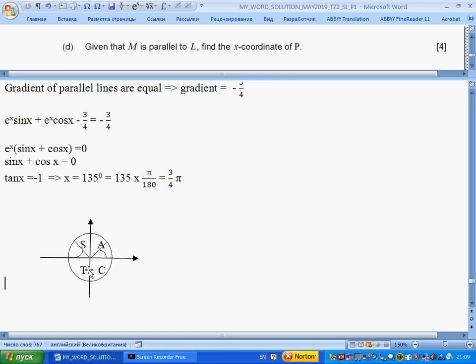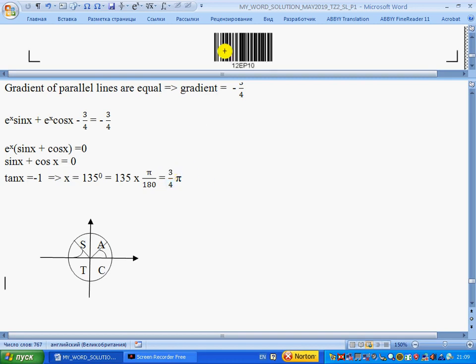So we have pi minus pi over 4, or we can change 135 into radians. This answer should be in radians. I don't know why, but they want the answer in radians.